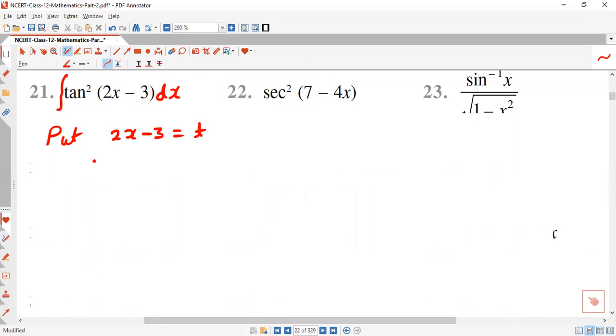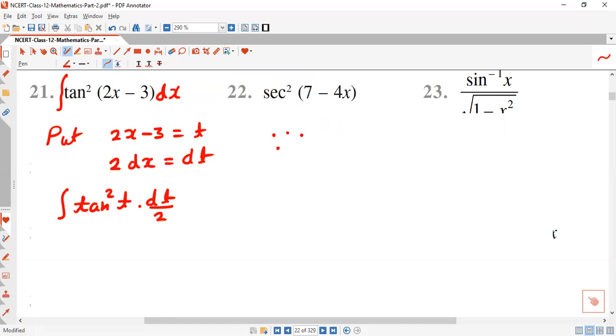So we want to say this argument should be equal to t. So this becomes 2 dx equal to dt. So putting this in the integration becomes what? Tan square t into dx becomes dt by 2.